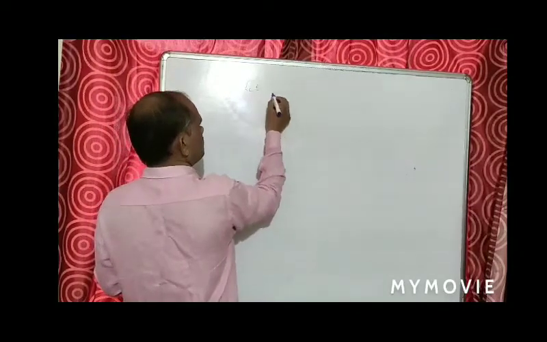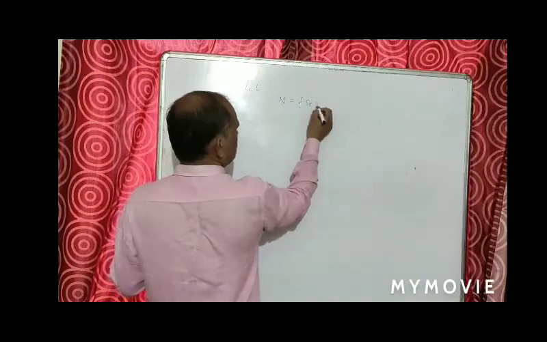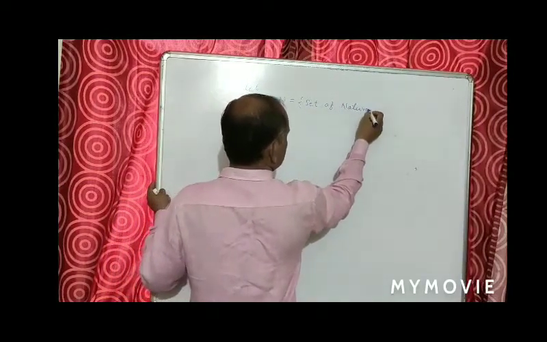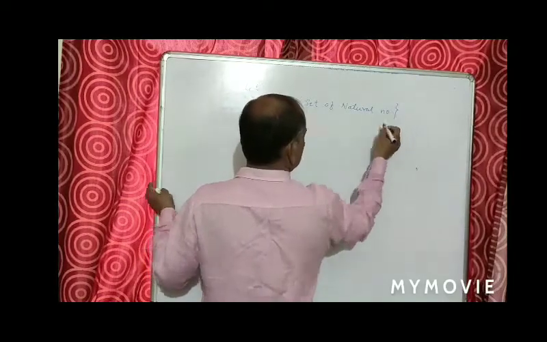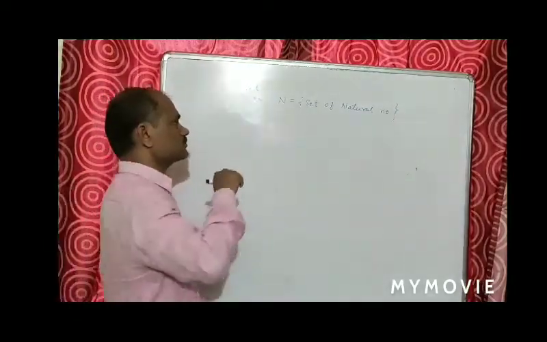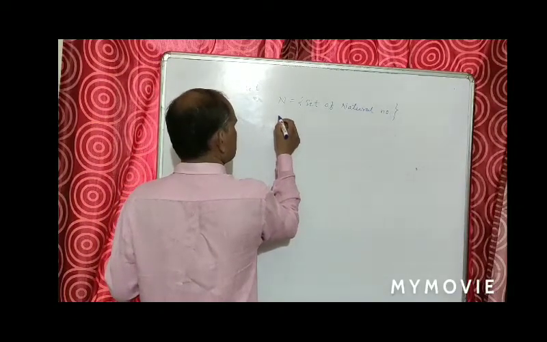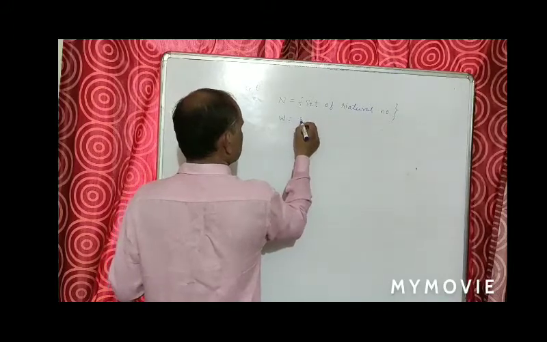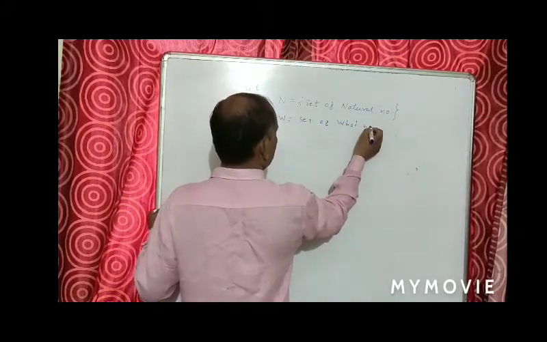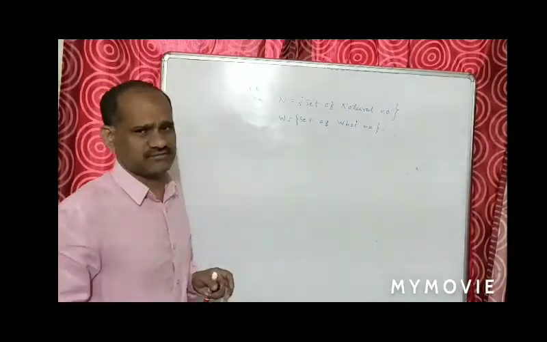Let N be the set of natural numbers, and W be the set of whole numbers.